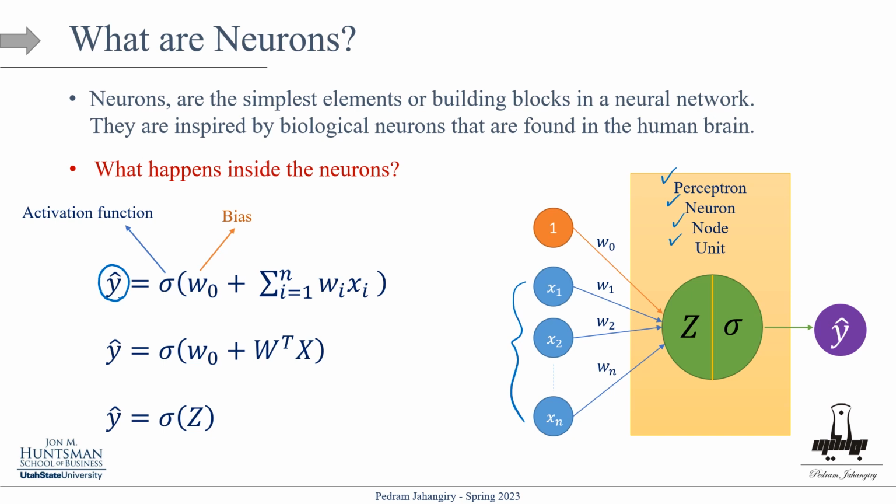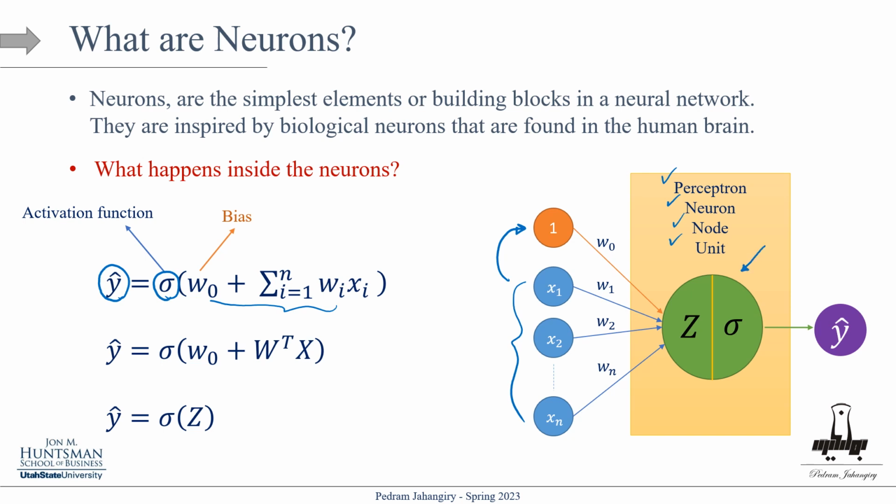And then on top of that, you're going to add the bias term. So this is what we're doing here, right? And then we're going to apply an activation function. This sigma is our activation function applied to that simple sum, right? So this happens inside the neuron.